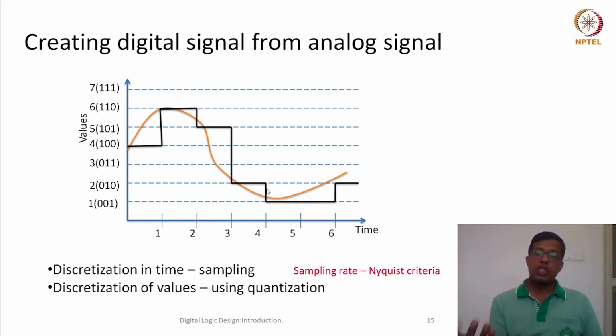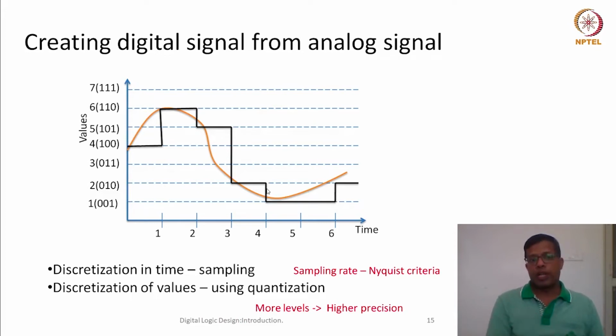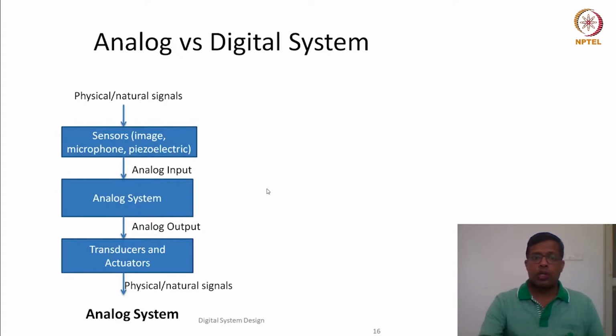So using these two important theoretical exercises, one is sampling at the Nyquist rate, the other using a very high number of levels, which would increase the precision, we would be more accurate. This is the reason that although because of quantization there would be error, and because of sampling there could be some error, still digital signals seem to be more accurate, and that's what we go with.